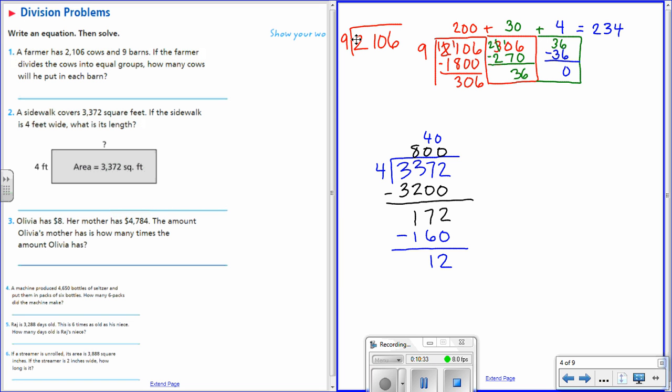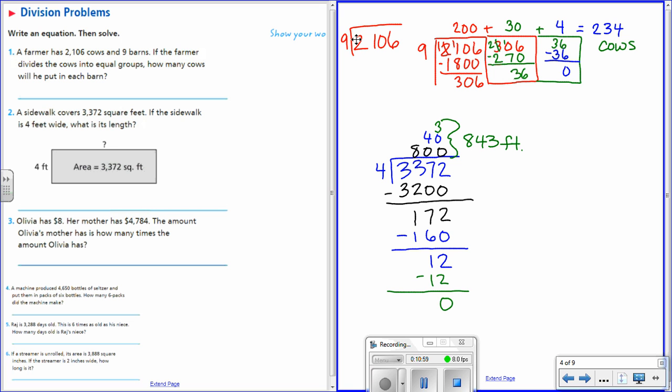Then I can go 12 divided by 4. Ooh, I know that one pretty easily. That one is going to be 3. And then I'm going to add these 3 up to get 843 feet would be my answer. This up here would be cows per barn.